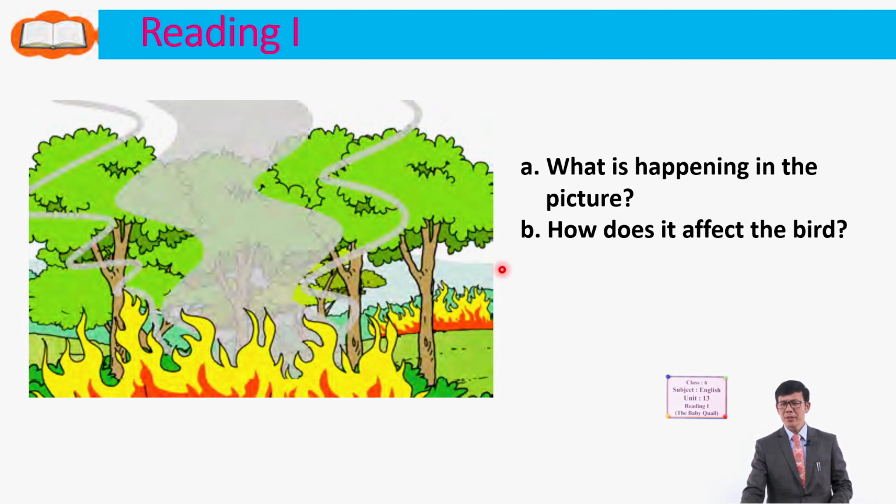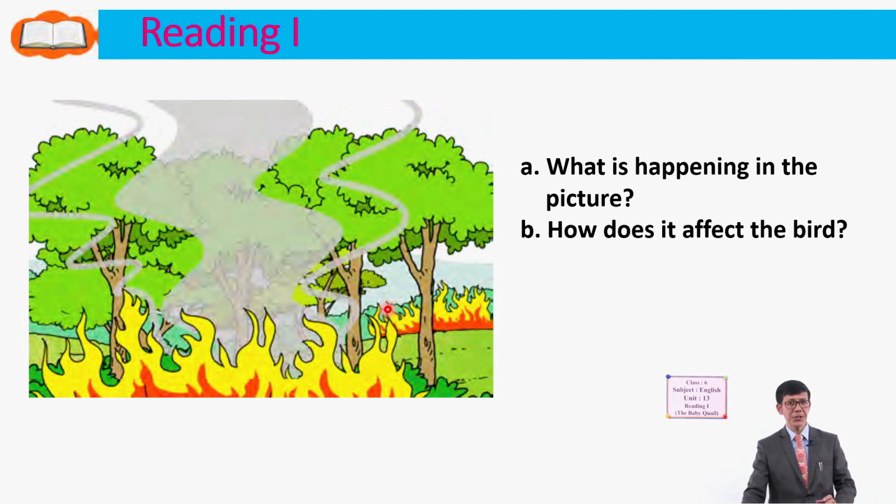Now, please tell me, how does it affect the birds? What is the home for birds? Where do the birds live? They live in the jungle. So now please tell me what happens if there is fire in the jungle. Good.